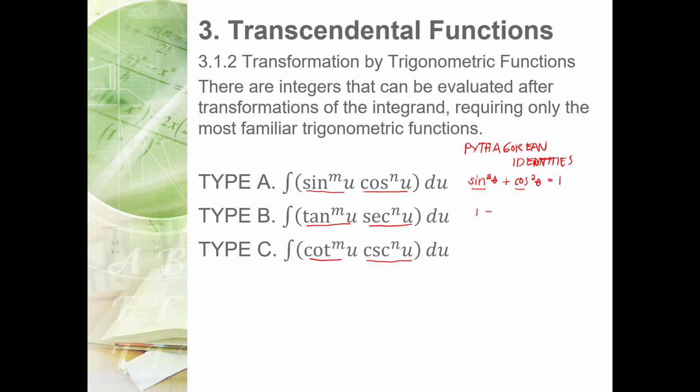So we have 1 plus tangent squared theta is equal to secant squared theta. And lastly, you have your cotangent and cosecant. So that's 1 plus cotangent squared theta is equal to cosecant squared theta.